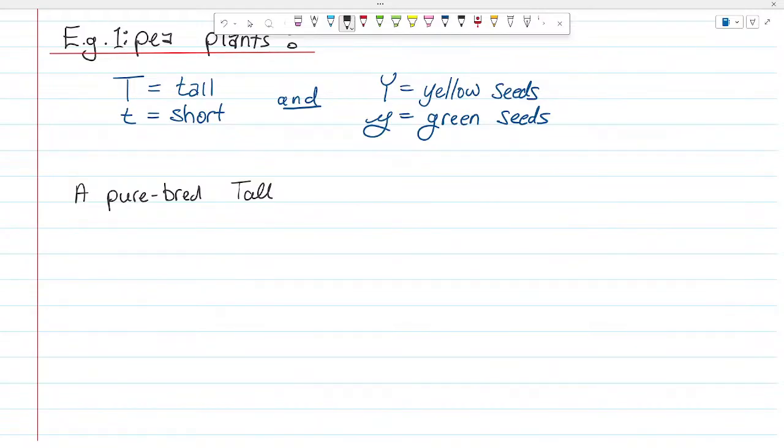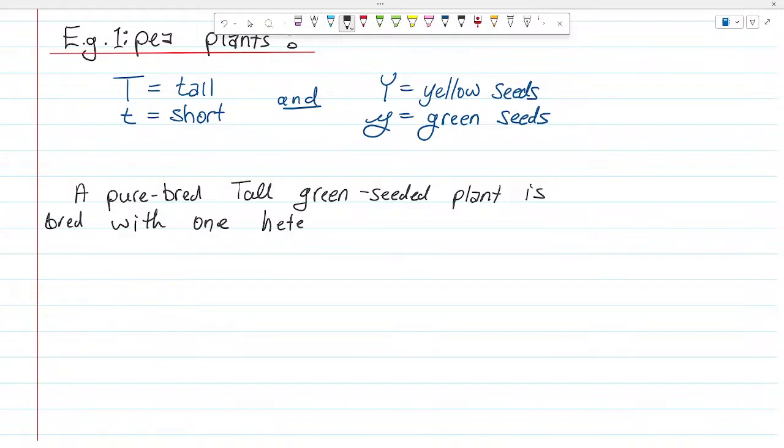Purebred, tall, green-seeded plant is bred with one heterozygous for both traits.